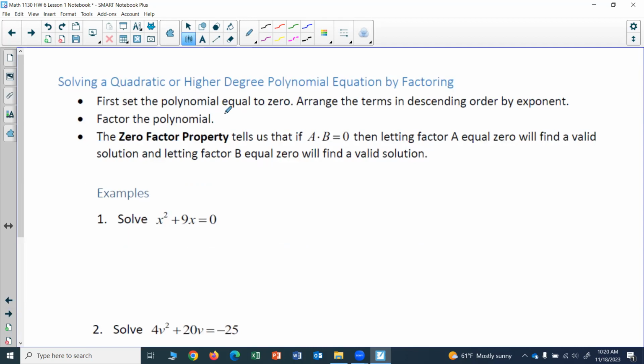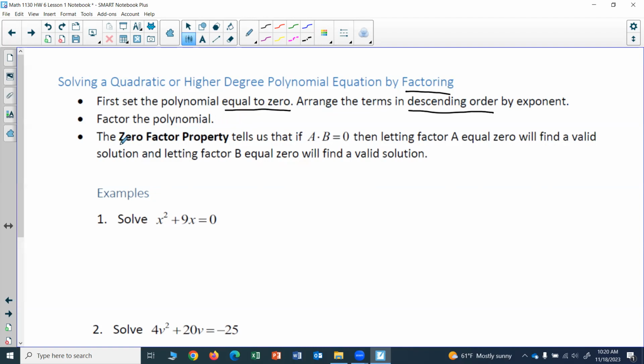If you are solving a quadratic or higher degree polynomial equation by factoring, what you want to do is first set the polynomial equal to 0. That's very important. Then arrange the terms in descending order by exponent. Factor the polynomial using the methods you learned in the last homework.